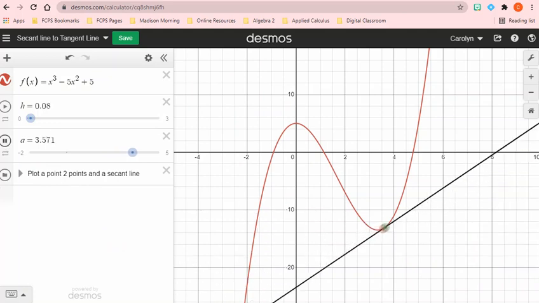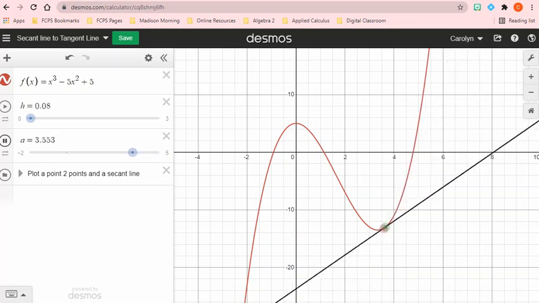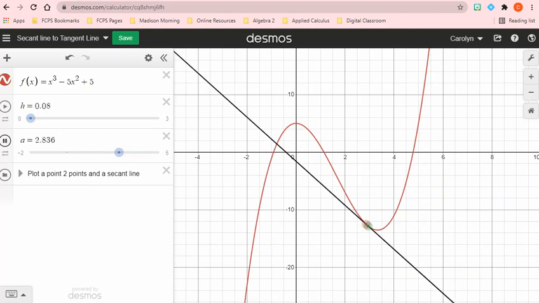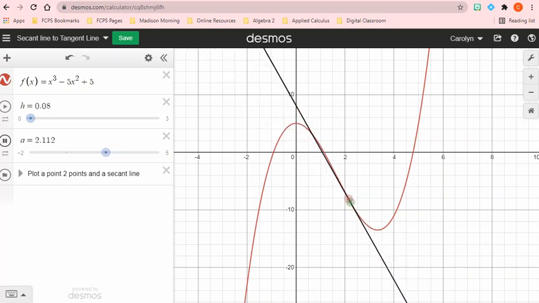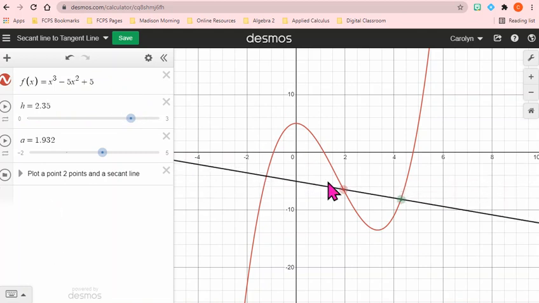Okay, so we're going to pause in just a minute. Secant line: 2 points on a curve.